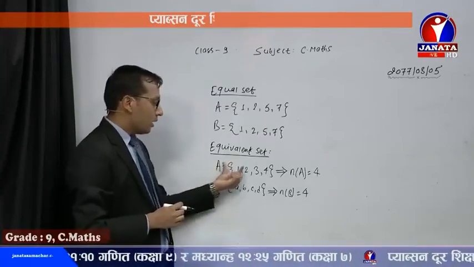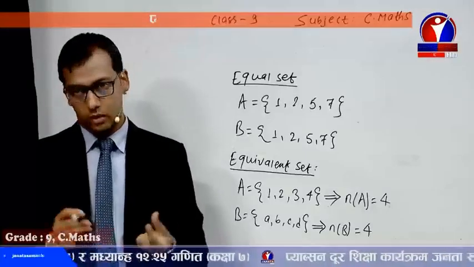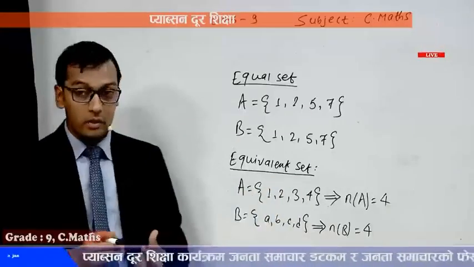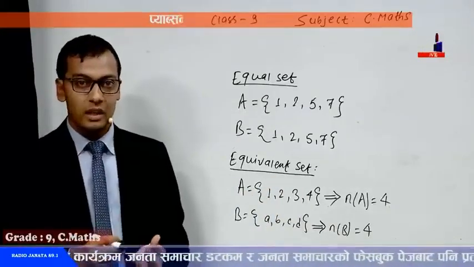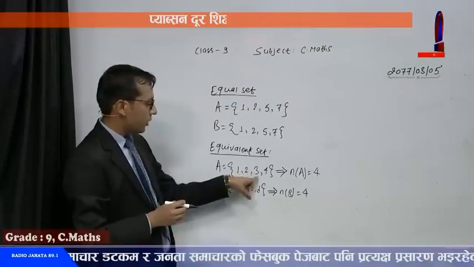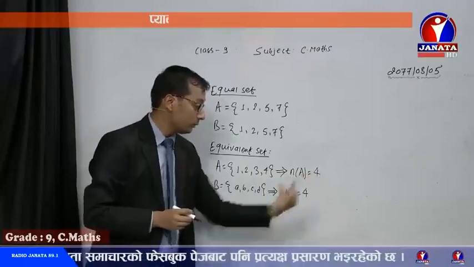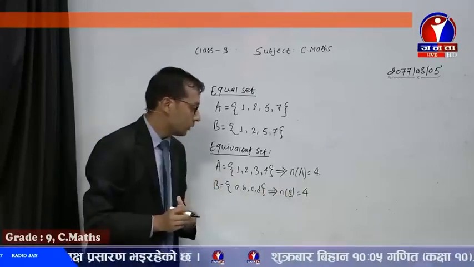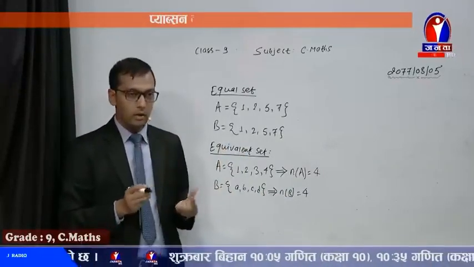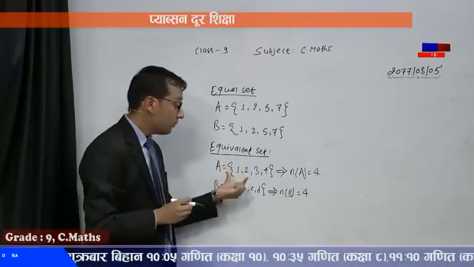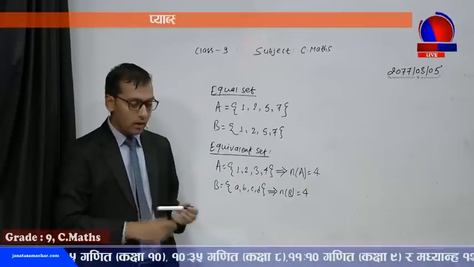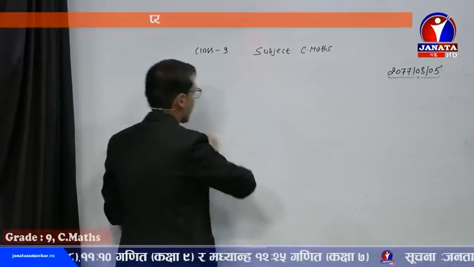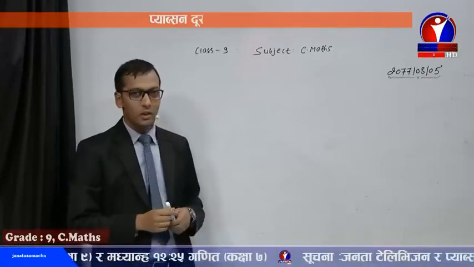Looking at the example, set A has 4 elements, so its cardinality is 4. What is the cardinal number of set B? 4. So this is equivalent because of the same cardinal number, same cardinality. Okay, saying this, let's move into the next. Next is overlapping.